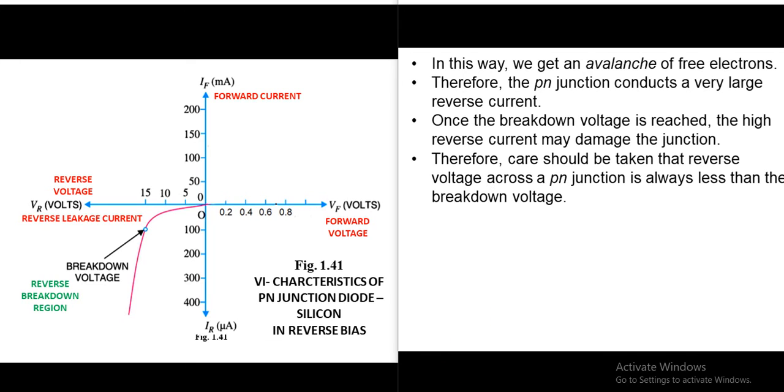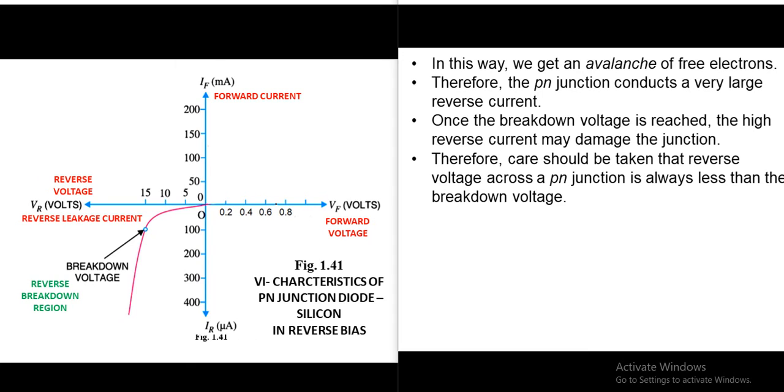Therefore, utmost care must be taken with the reverse voltage across the PN junction, and hence the PN junction is always reverse biased with a voltage lower than the breakdown voltage. So the point is, whenever we want to study the reverse bias characteristics, the reverse voltage across the PN junction must be less than the reverse breakdown voltage, and it is specified in the manufacturer's data sheet.